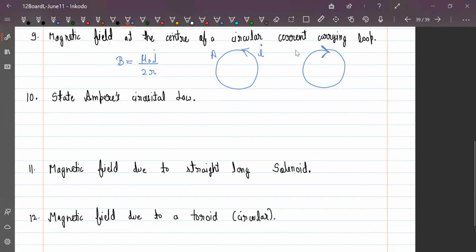For case A and B, what will be the direction of the magnetic field at the center? Sir, in A, using the right hand, if we curl the fingers around the loop, it will be out of the plane.